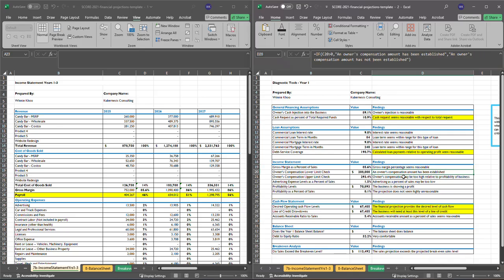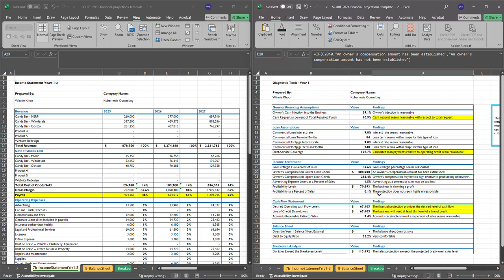Okay. So moving on to the next one, owner's compensation lower limit check. Here it's saying if it's greater than 0, which means if you are paying yourself as an owner any amount of money greater than $0, even $1, it means that an owner's compensation amount has been established.